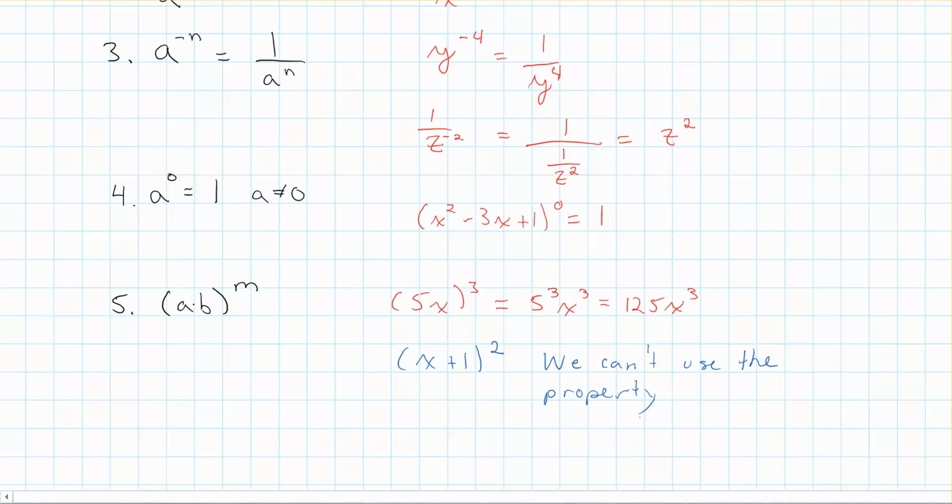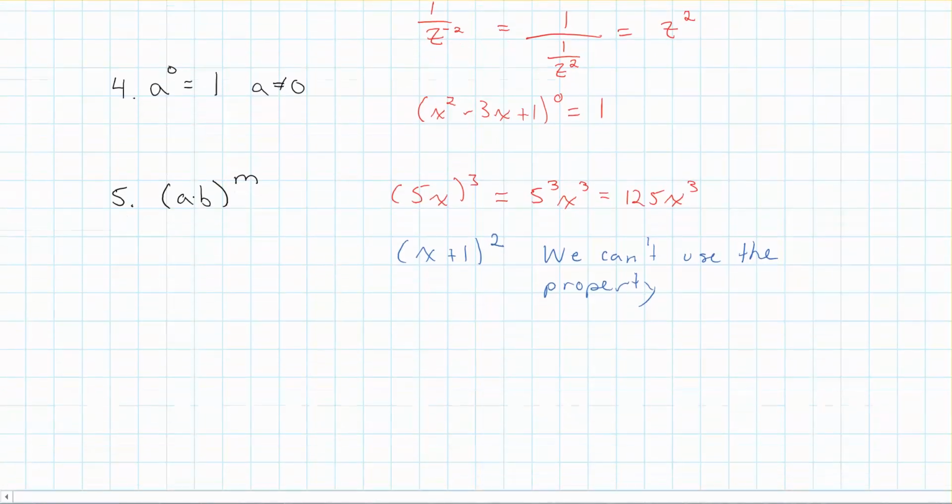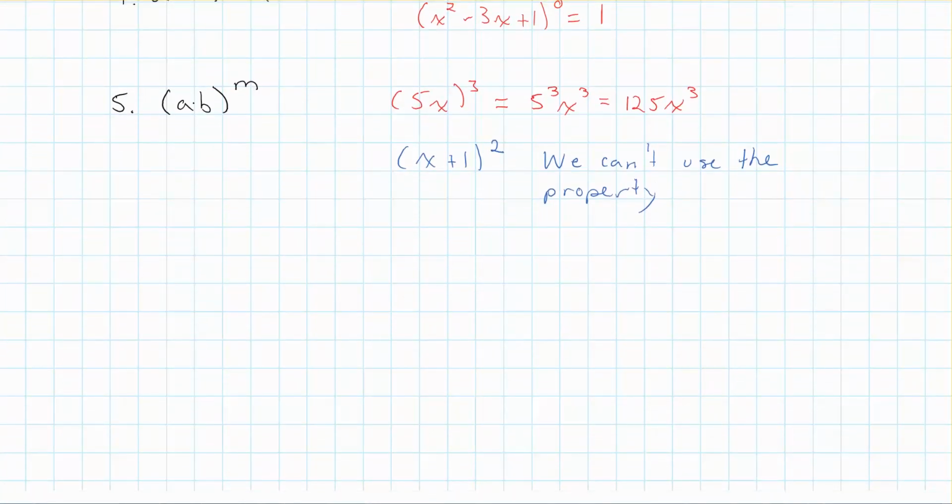Why can't we use the property? Well, hopefully it comes to you pretty quickly. The reason is, again, what did I say? A and B are multiplied. What is going on here? We have x plus 1, not x times 1. So make sure that when you're using that property, things are actually being multiplied.